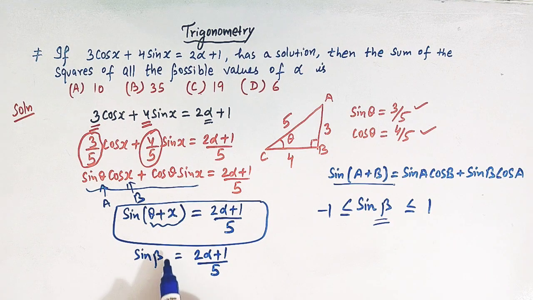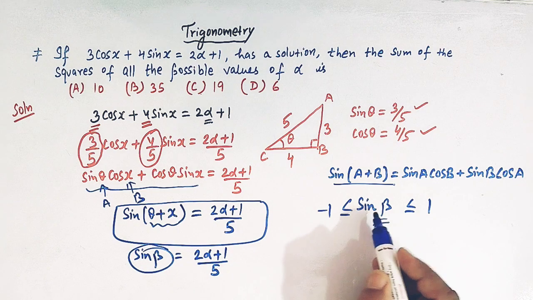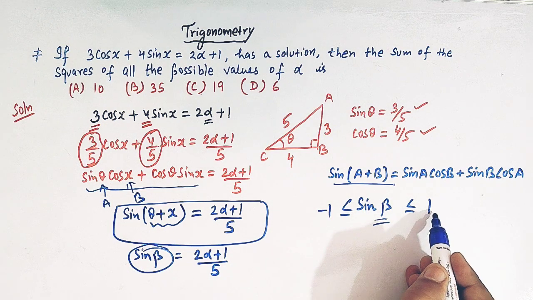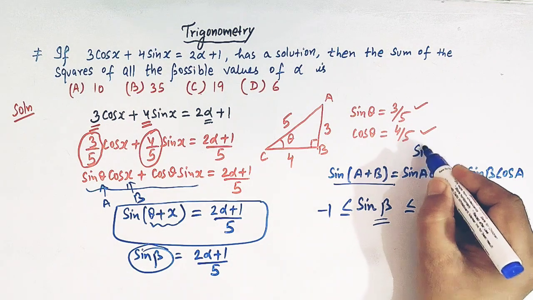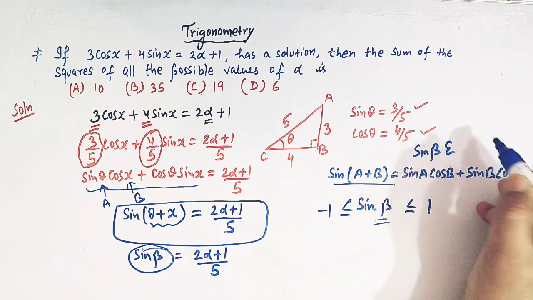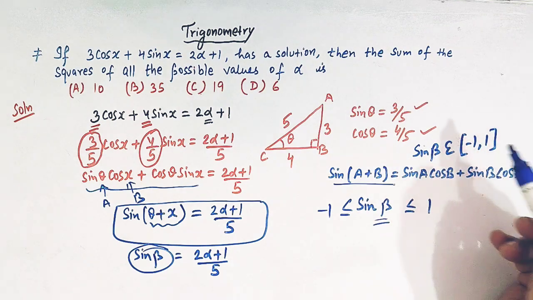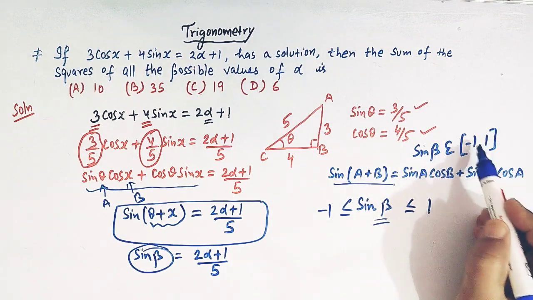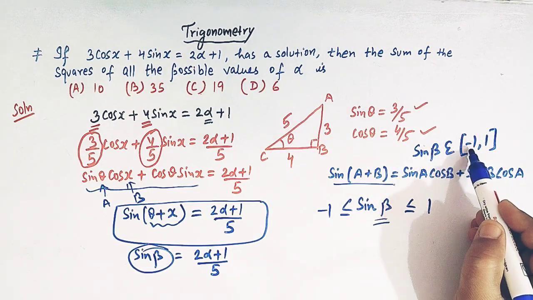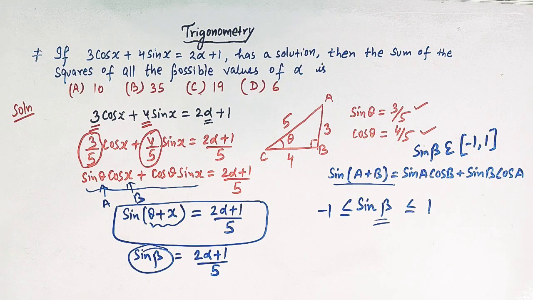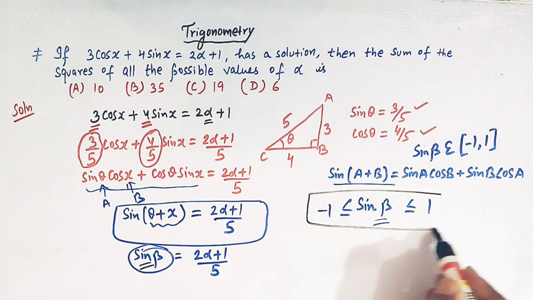Now this sine beta must lie between -1 and 1, because the maximum value of the sine function is 1 and the minimum value is minus 1. So now let us substitute this value of sine beta in this inequality.